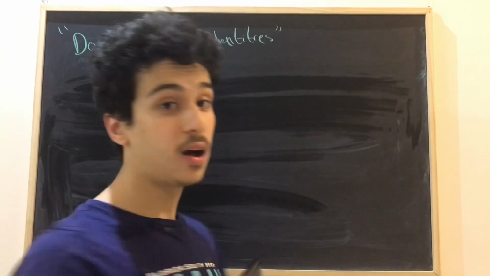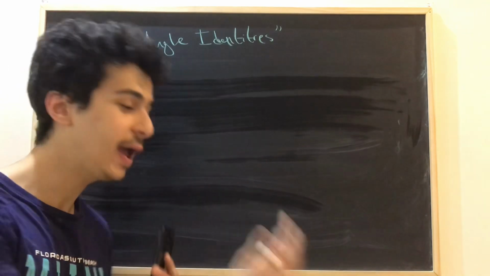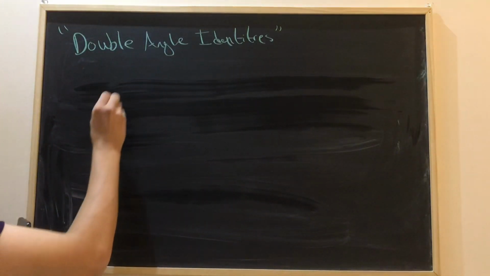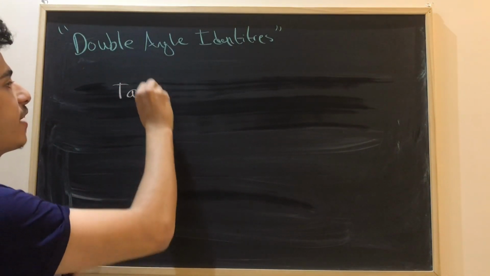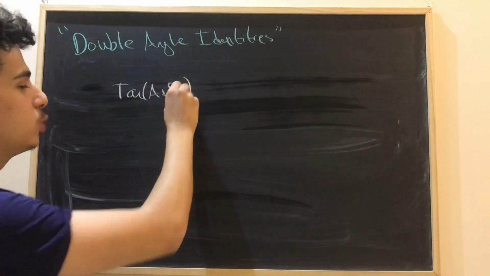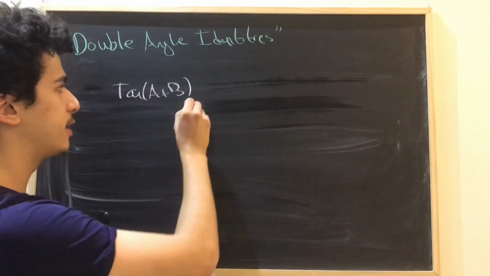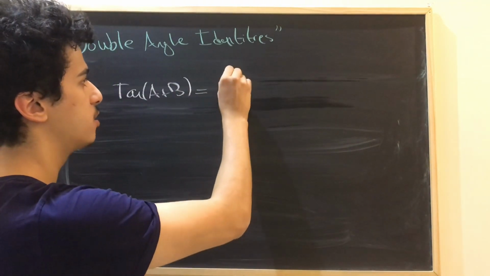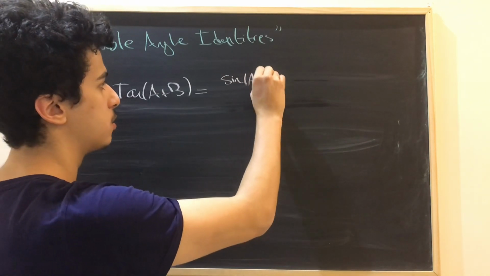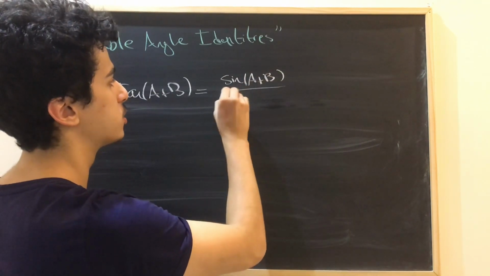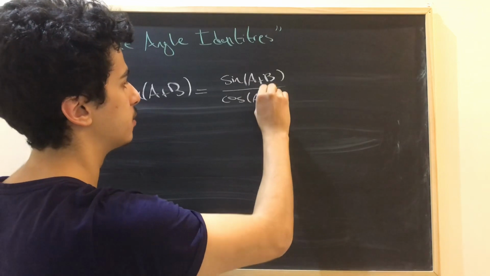God damn it, I forgot the tangent last time, the angle addition identity. We still haven't covered tan of a plus b, and we can cover it very easily. Tan a plus b is just sine a plus b over cosine a plus b.